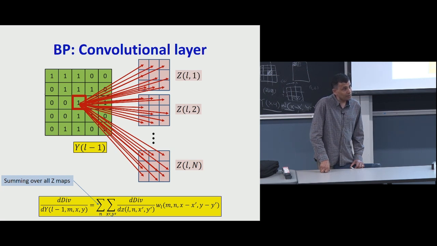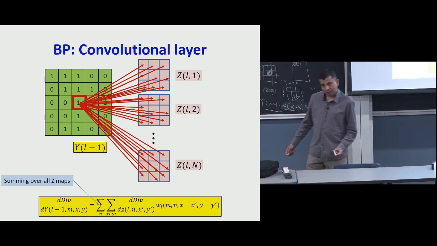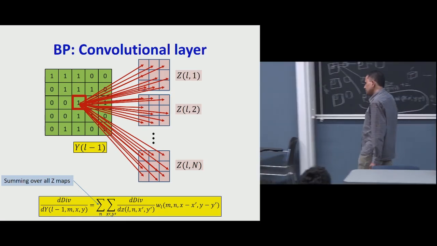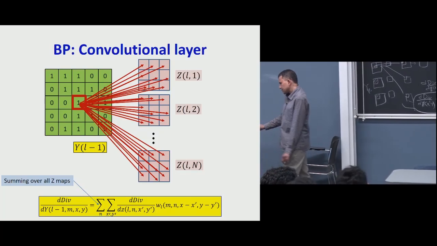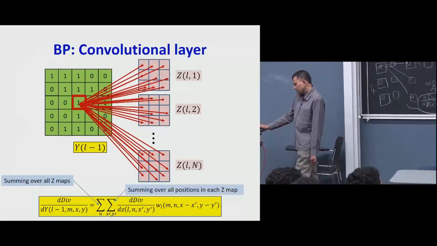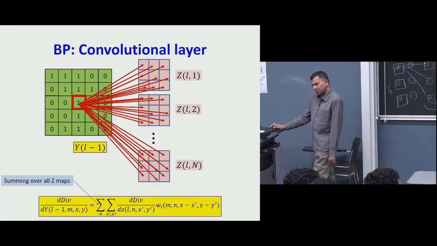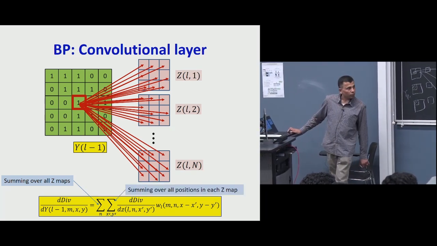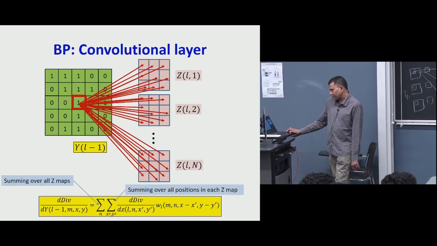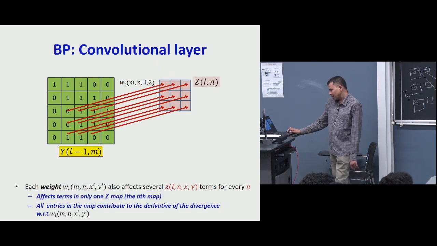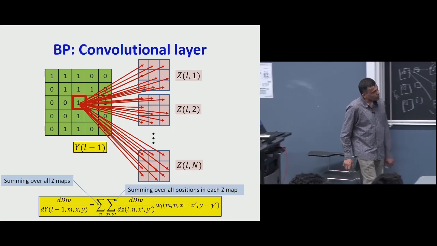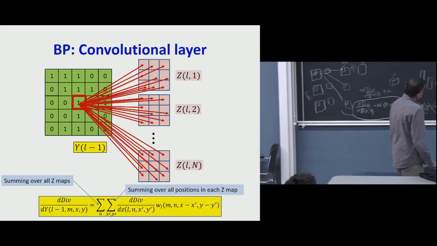And the index in the weight is going to be the difference in the indices of the y and the z. Okay? So this is simple. You're summing over all the z maps first. You're summing over all of the positions in the z map. And finally, you have this weight combination. So we've sort of figured out how to compute the derivative when I'm going back.